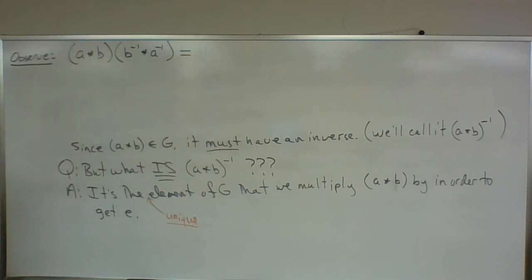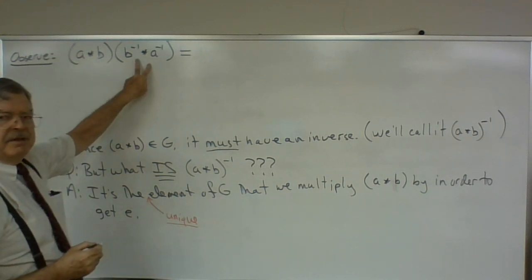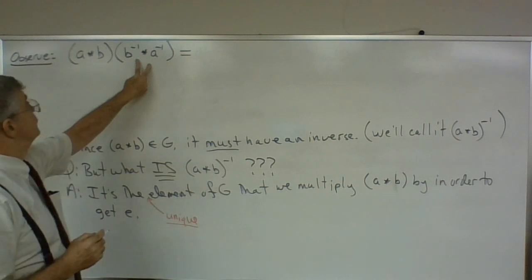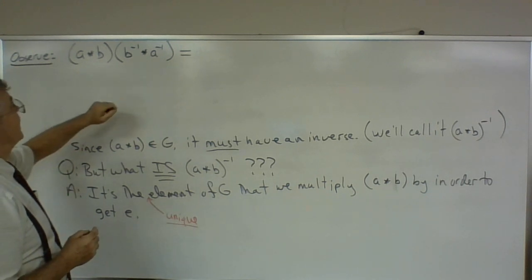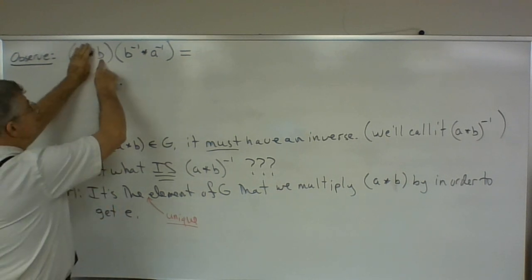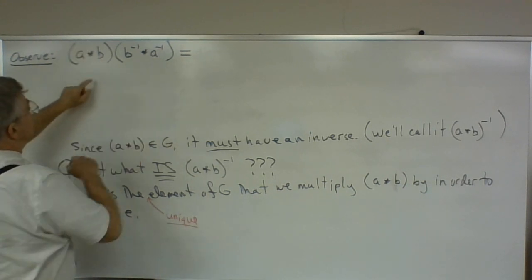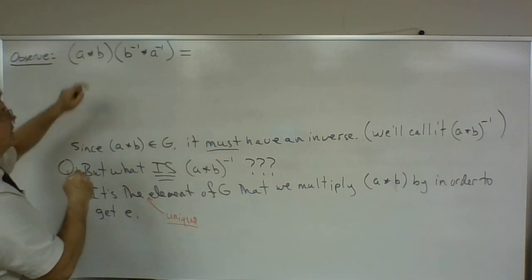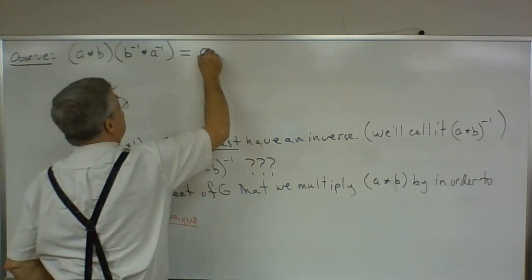Okay, what do I do here? Well, I can consider this to be one element, because really it is. And I can choose to associate B with this element instead of associating B with the element A. So I can do this.